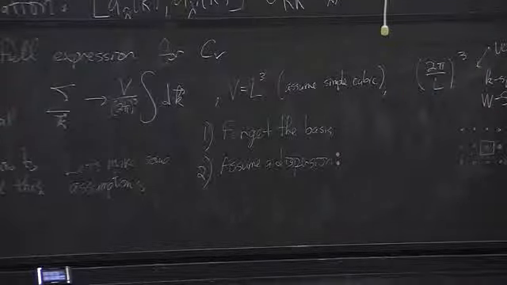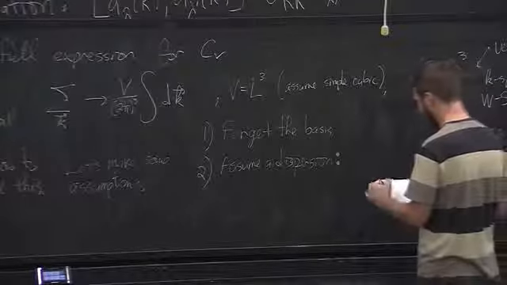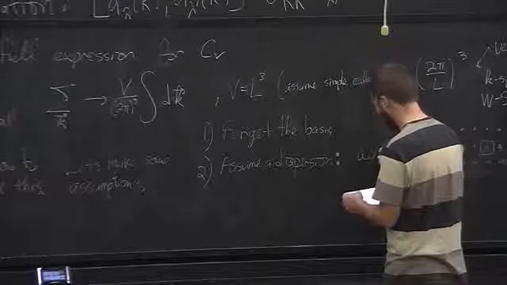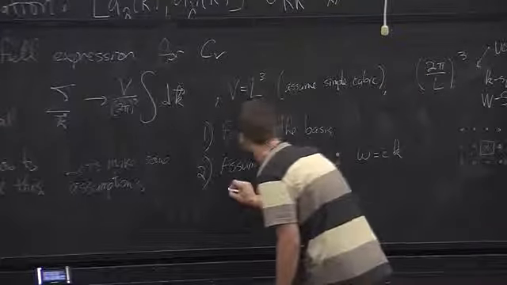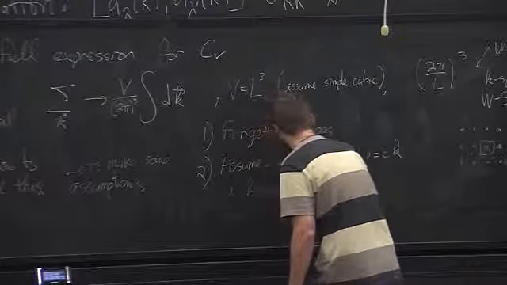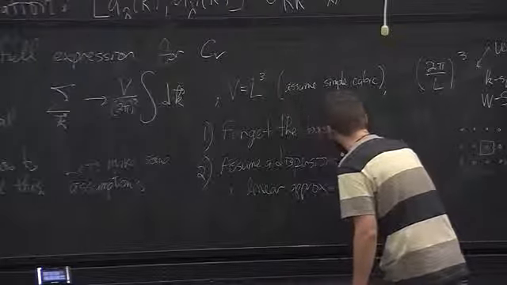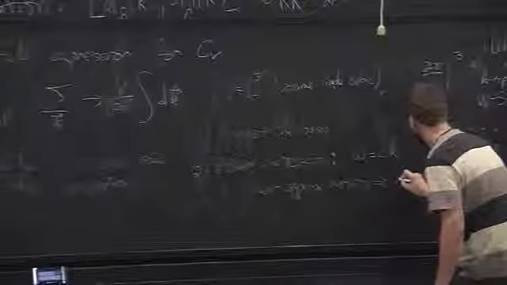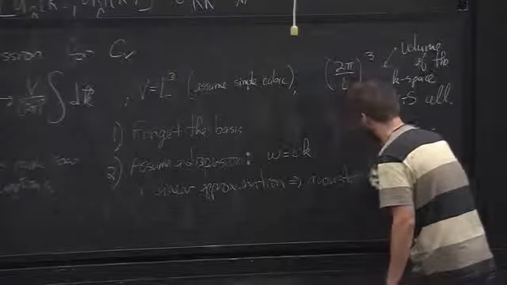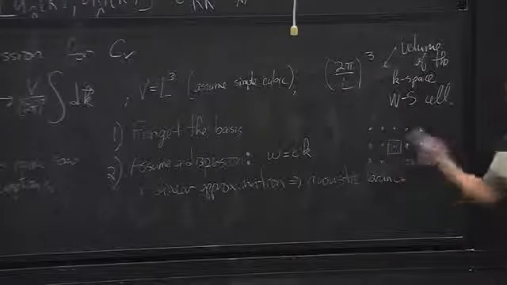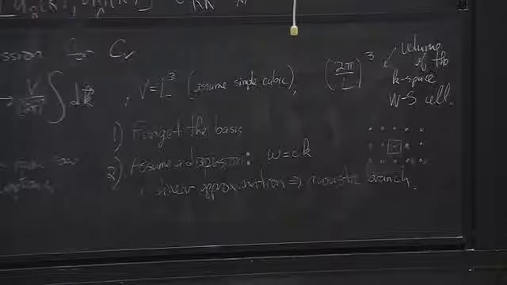So let's assume a dispersion relation. Again, this dispersion relation has to be calculated typically every time, but I'm just going to take a linear approximation. So here's your long wavelength assumption. In the long wavelength limit, remember we're dealing with essentially sound waves, and those sound waves are like the acoustic branch, right?